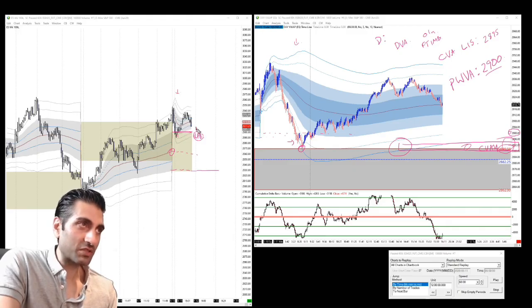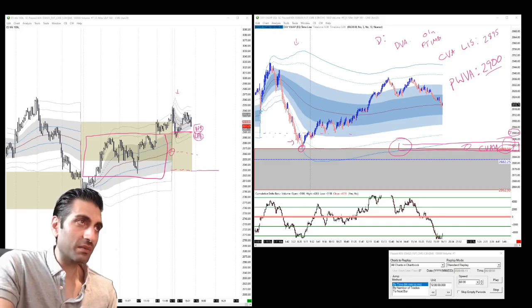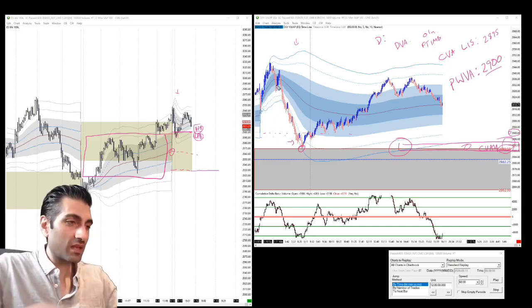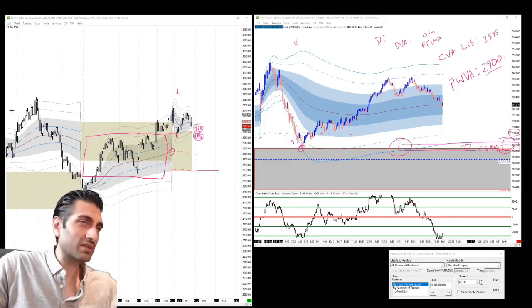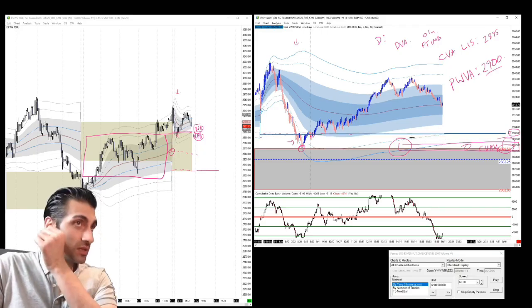Above this, I'm expecting what? Imbalance. Above last week's value, the bulk of it. As soon as we break out of here, I'm expecting this market to go up. So in theory, what I could do is I could say, all right, where's that? That's about 2900.